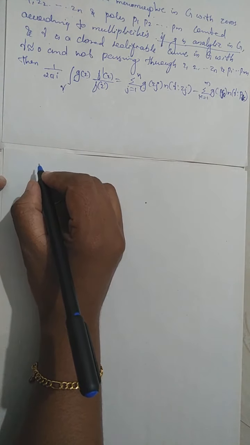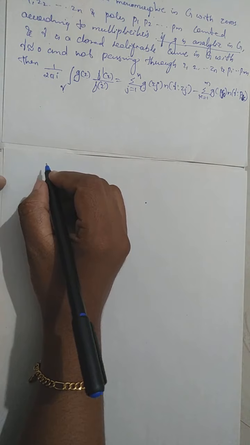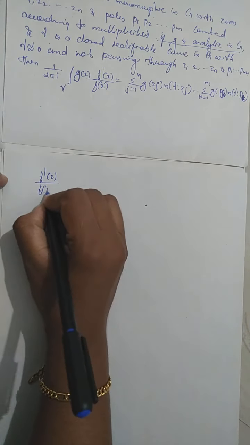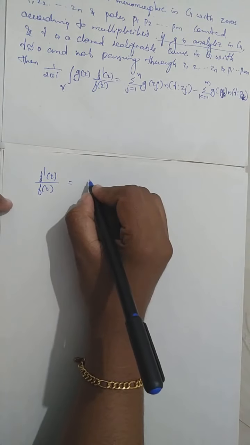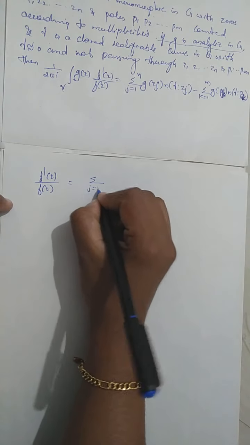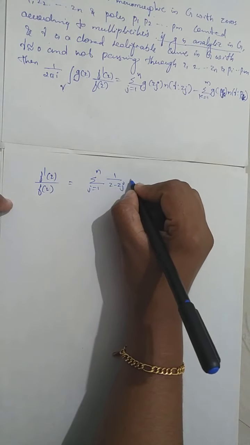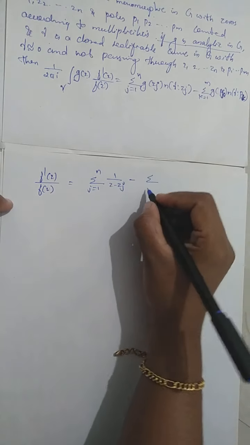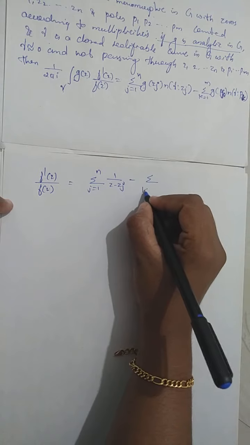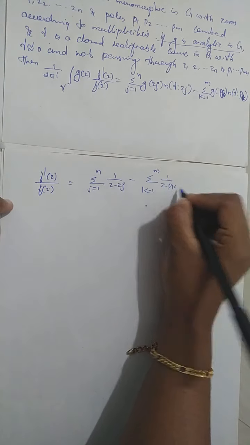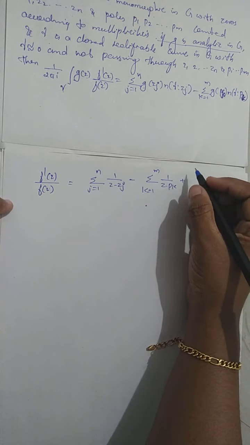when f(z) has z1, z2 etc. zn as the zeros and p1, p2 etc. pm as the poles, then we have f'(z) by f(z) is of the form sigma j equal to 1 to n 1 by z minus zj minus sigma k equal to 1 to m 1 by z minus pk plus some g'(z) by g(z), as we represented in that proof.